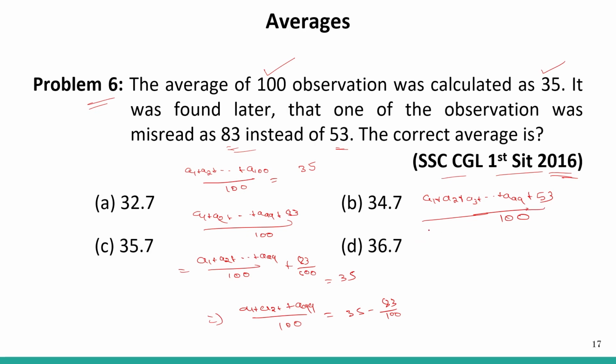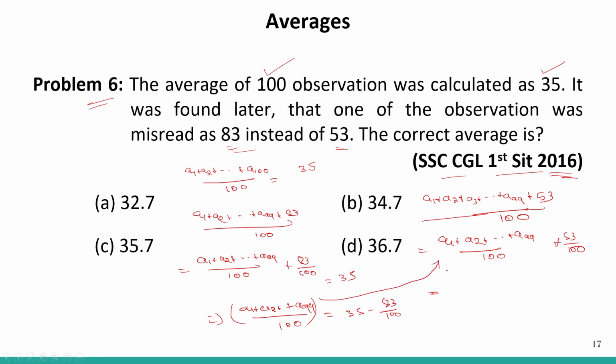So what we can write here is A1 plus A2 plus up to A99 whole by 100 plus 53 by 100, right? So this will be also correct answer. So we have evaluated this part from here and we'll put it in there.